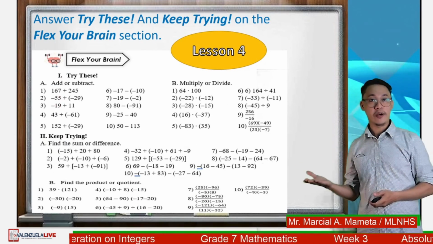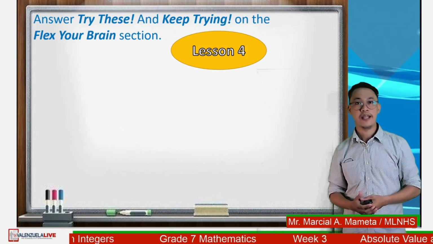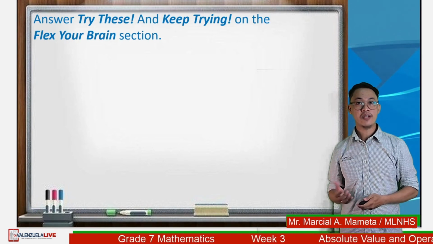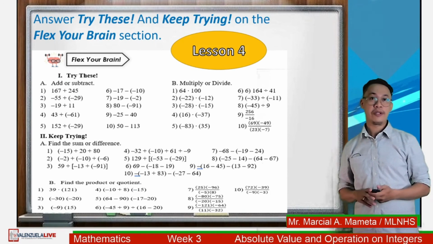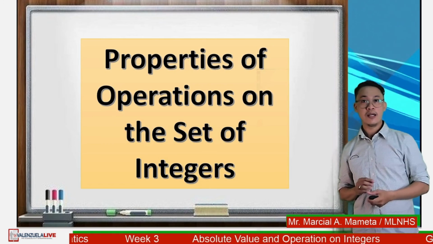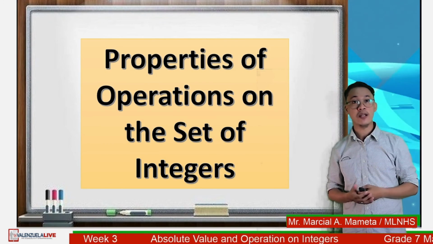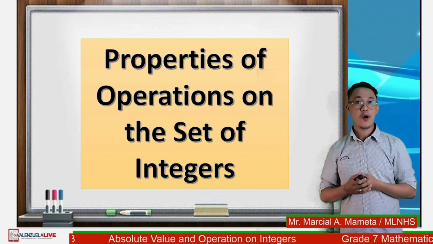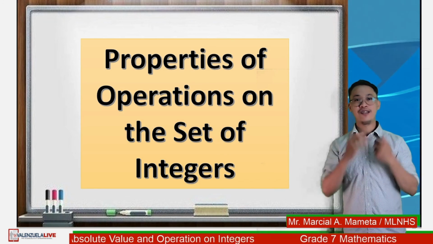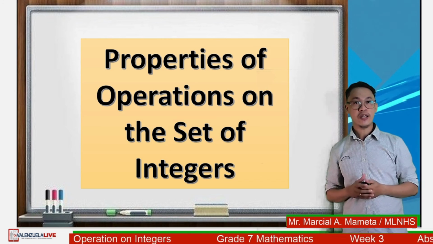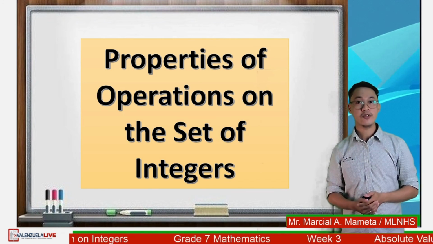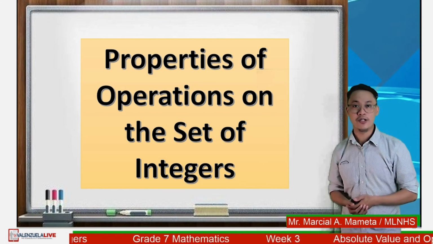Lesson number 3 and lesson number 4 of your weekly home learning task. And for additional activity, just have an advanced reading about the properties of operations on the set of integers.